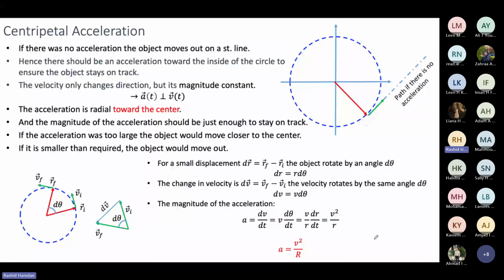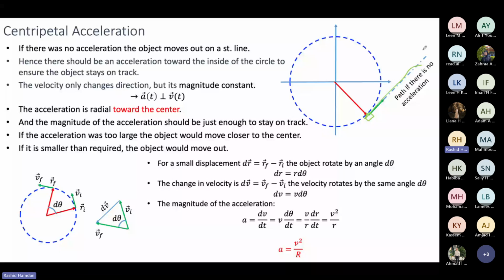If we have the car here, and the car does not have any acceleration, then it would move out straight. So any object that has zero acceleration, zero net force, would move in a straight line with a constant speed. So the path, if we don't have any acceleration, goes straight out.